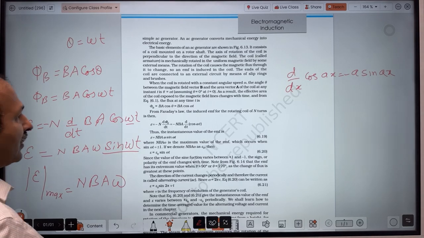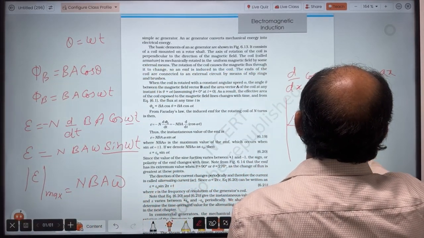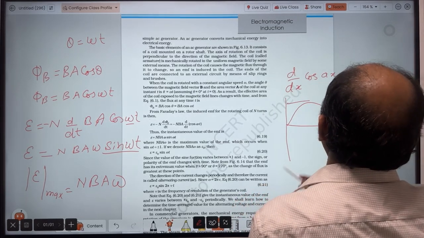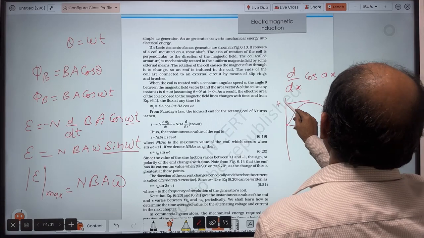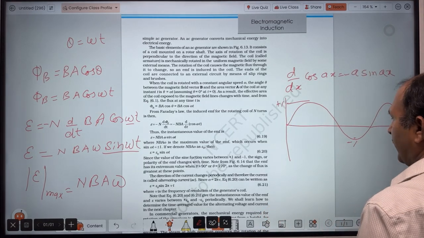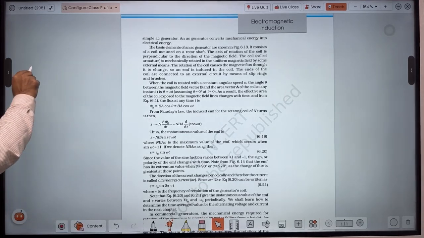I think you have understood, and you know AC fluctuates like this, right? Up to here this is positive, plus 1, this is a sine curve, this is minus 1, this corresponds to the minus 1 of the sine theta curve. I think you remember, I'm drawing it systematically.